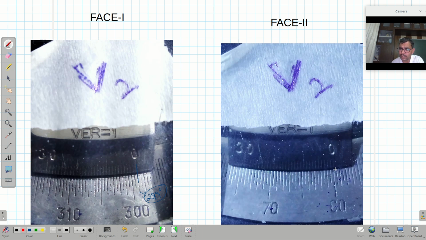This is basically 60, so before 60 it is 59. It is between these two, so it is 59.5 degree. We can call it 59 degree 30 minute.